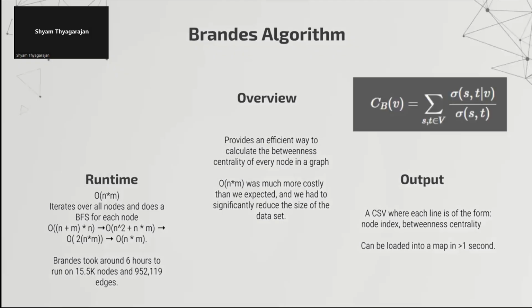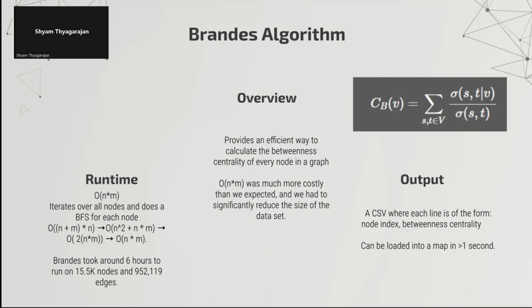The algorithm that we used was Brandes' betweenness centrality algorithm. As you can see by the provided formula, it was basically a summation, after we traversed through the entire graph, of sigma of STV, which is the number of shortest paths between nodes S and T that include V on their path.